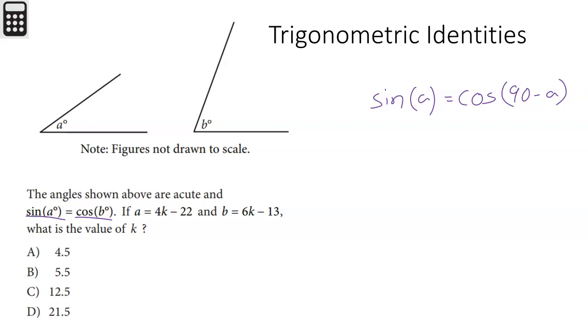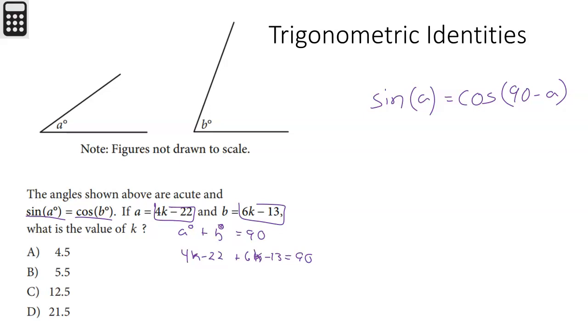And since angle A plus angle B have to add up to 90, that means that these two expressions that represent A and B also have to add up to 90. You use that equation to solve, and I don't know what the answer is, but you can solve for K.